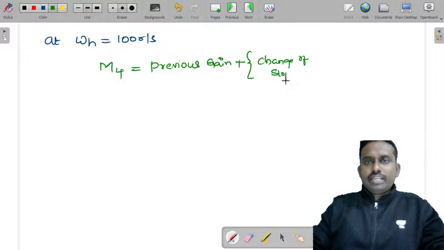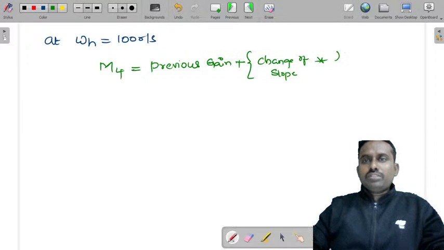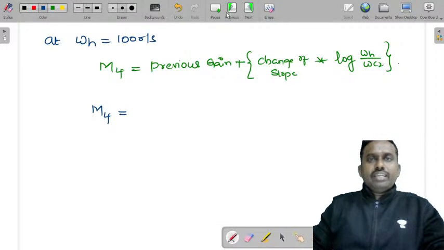If you have any doubts, you can ask me. You can interrupt me in the middle and ask. Sirisha, Shiva, Vicky, Harsha, Kishore, Hasya, Sanjana, Meghana, anyone if you have any doubts. What is the previous gain? Minus 60 dB.